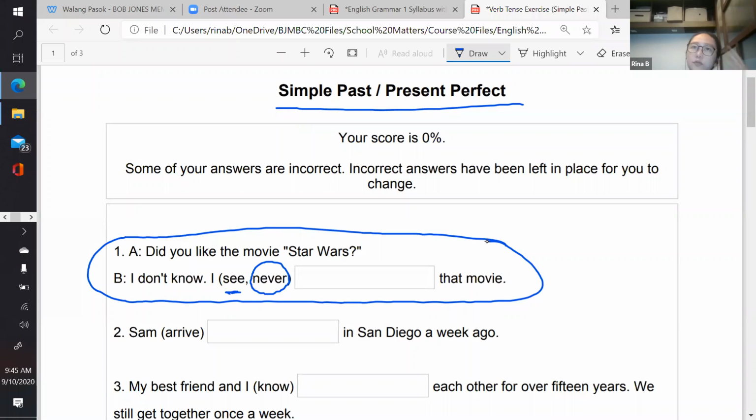Sometimes you have to be in a specific context before you can decide the right tense. So letter A, person A asks, did you like the movie Star Wars? And then letter B, person B says, I don't know. I have never seen that movie.